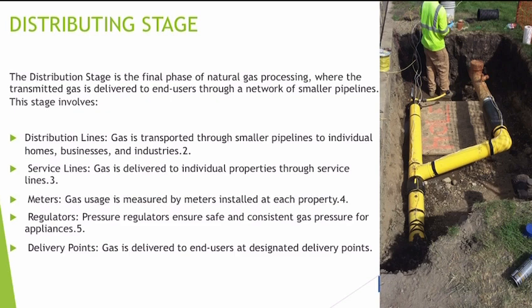Gas is transported through smaller pipelines to individual homes, businesses, and industries. Service lines are another way of transporting gas. At this stage, the gas is delivered to individual properties through service lines.